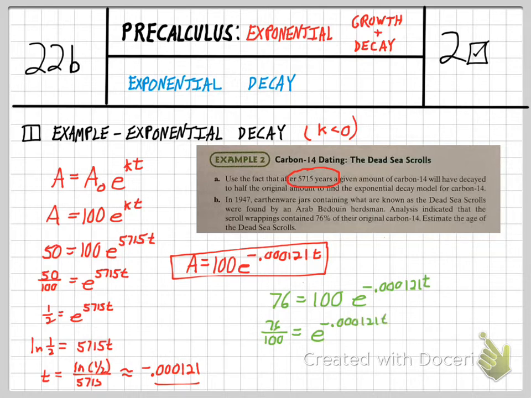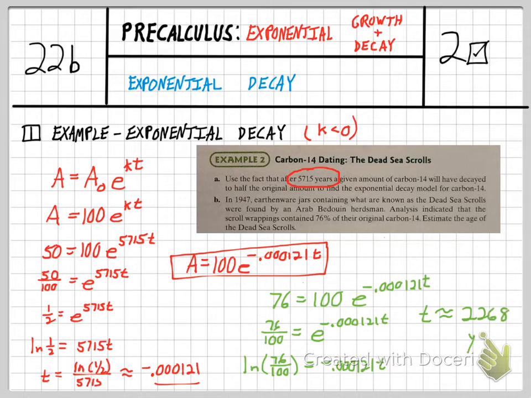But when I plug it in, I'm going to jump a step here and do the log of 76 over 100 equals negative 0.000121t. And my final answer of t, I'm going to go ahead and do that work on my calculator, do that logarithm, get that answer, and I end up with 2268.